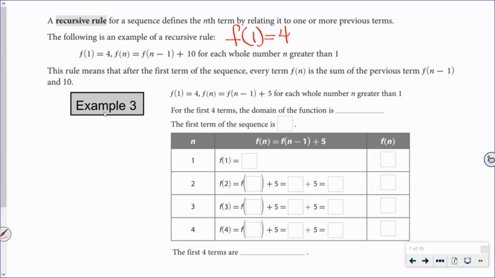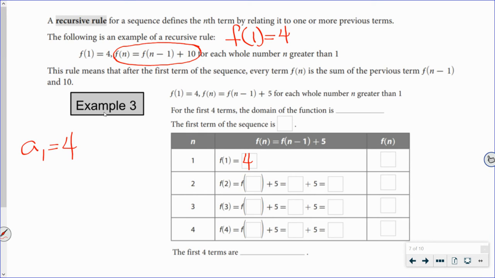So from the recursive rule, you're always going to get f of 1 equals 4, or it might be given to you in the other notation, a of 1 equals 4. It doesn't really matter. But you get the first term. So the first term is 4. Okay? This rule now means that after the first term of the sequence, every term is the sum of the previous term. All right? So here's how it works. This is my recursive rule.